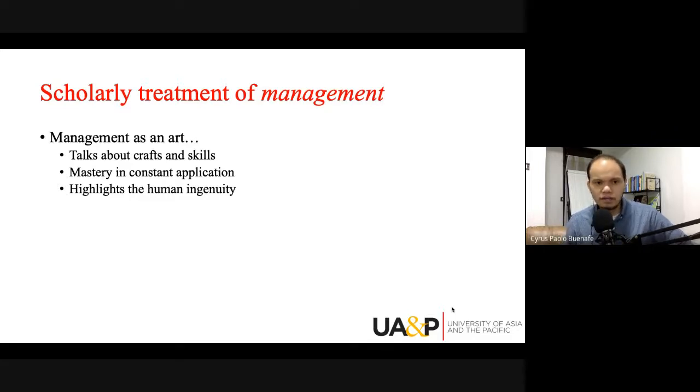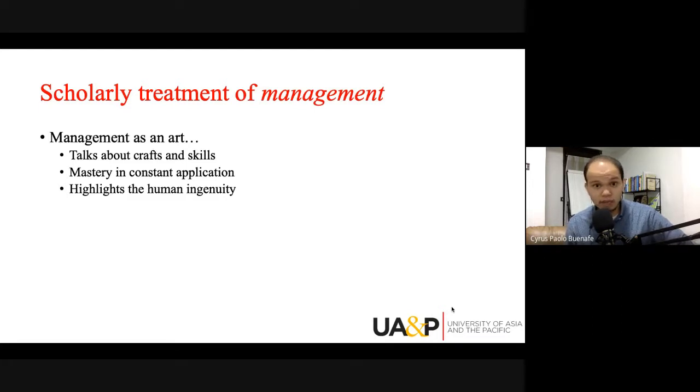If you think about it, leaders or managers, when they lead, when they manage, they don't really have a cookbook with them all the time. They don't have a recipe card or a cheat sheet that they refer to all the time. And then they apply what is said in that cheat sheet, and then the output will happen as expected. That's not the case in management.